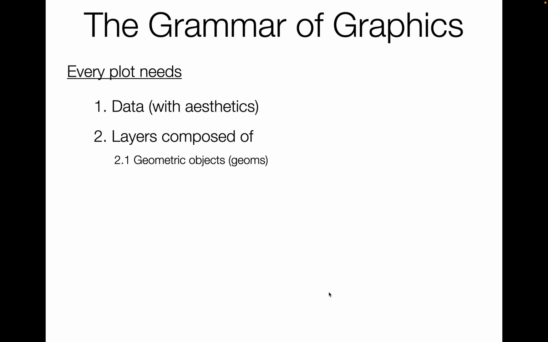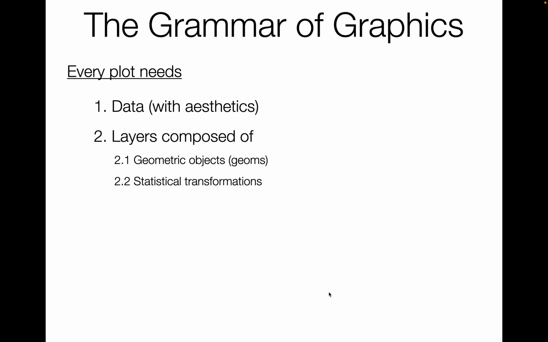So you need data and you need layers, composed of geometric objects and statistical transformations. Actually, I went too far forward there. Really, you need two things. Data with aesthetics, so you need the data and the variables that you're interested in, and then you need to tell the graph what kind of geometric object it needs to use to make the plot.